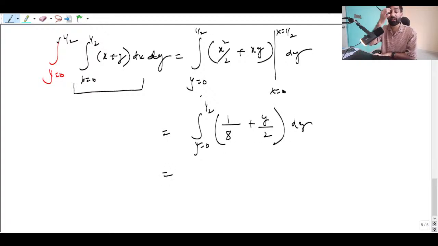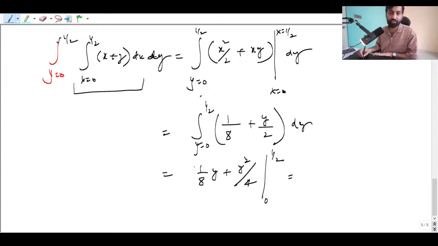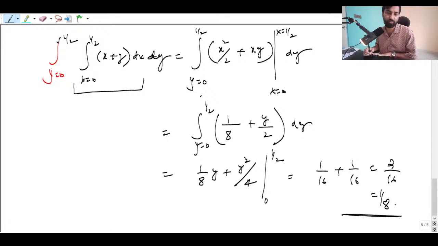Now if you integrate further, this becomes y by 8 plus y squared by 4, from 0 to 1 by 2. If you plug in 1 by 2, it becomes 1 by 16 plus 1 by 16, which is 2 by 16, which is 1 by 8, right? So the answer for this question is 1 by 8.